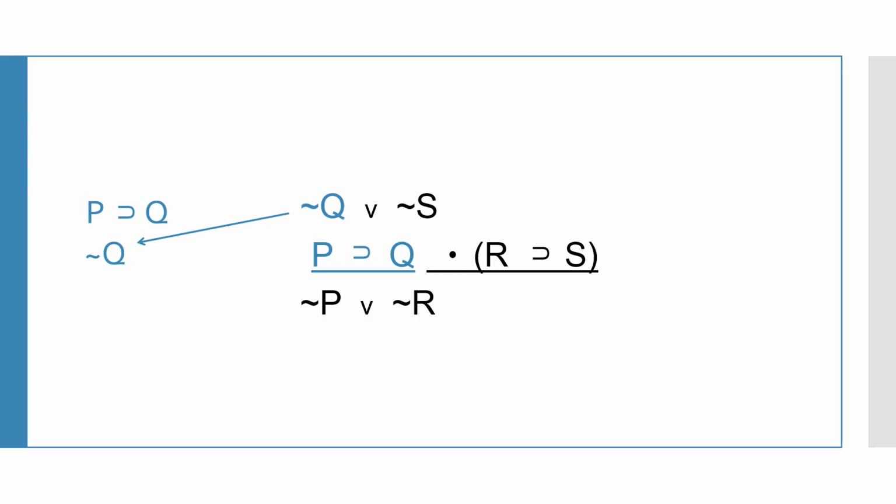And so we have to take that as our second premise. We get not Q. And of course, the same thing is true here between P and R. Our conclusion has to be not P on this side. And what we end up with is a nice valid modus tollens, because of course a modus tollens takes our original conditional statement and it wants to deny the consequent in order to deny the antecedent.